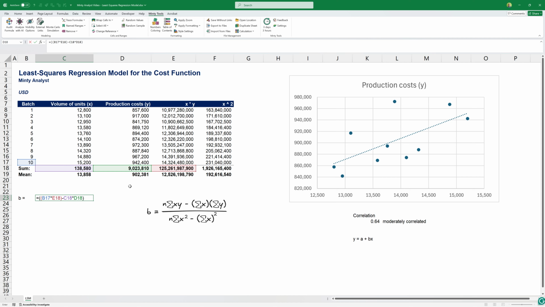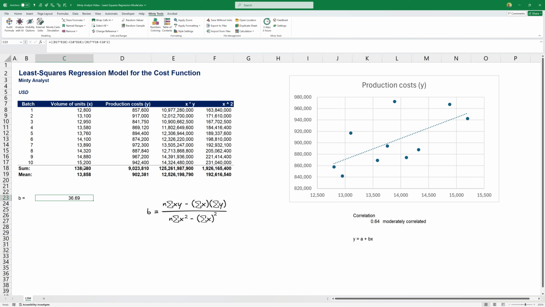I'm gonna close this bracket, and then I'm gonna do this here. So again, we'll have our 10 here, the number of items, multiplied by the sum of x squared, which is this here, minus the sum of x, this here, to the power of 2.